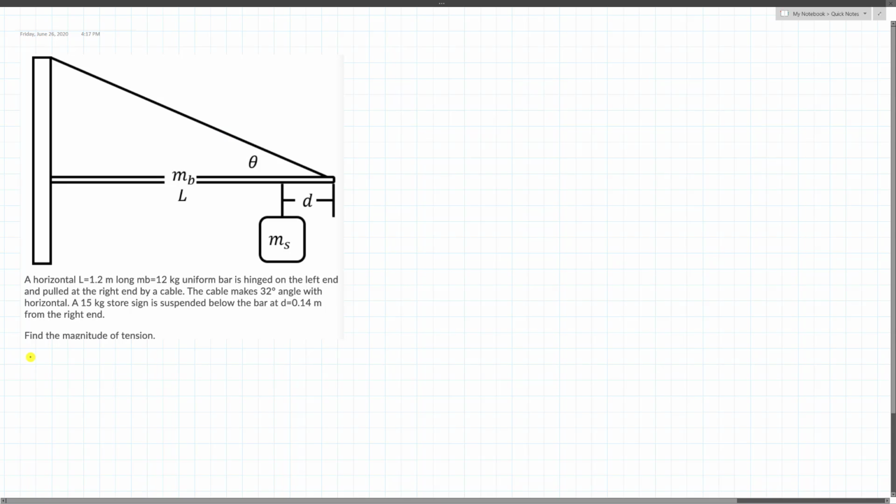So first we need to define our axis of rotation. So let's draw the forces on the diagram. We have here's one force. Let's change color.